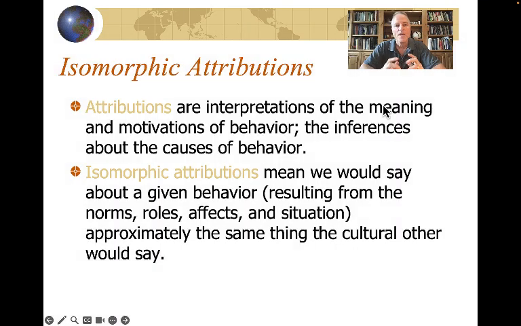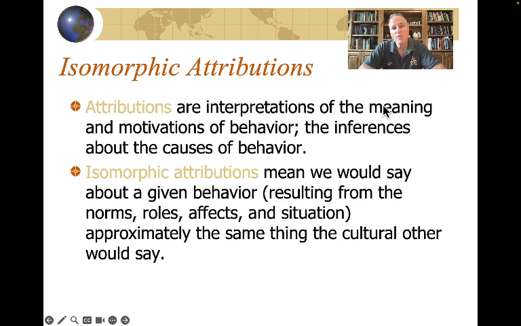That you're observing. If we engage in competent communication across cultures, what we are hoping to achieve are what are called isomorphic attributions. And it really helps us to deal with stress in that culture or to engage in meaningful personal relationships in that culture, which is your objective in your intercultural engagement.